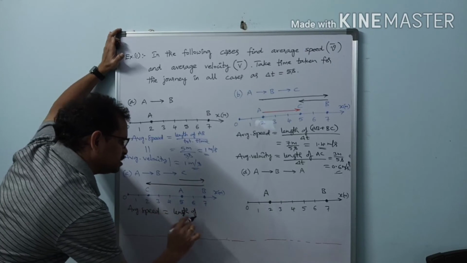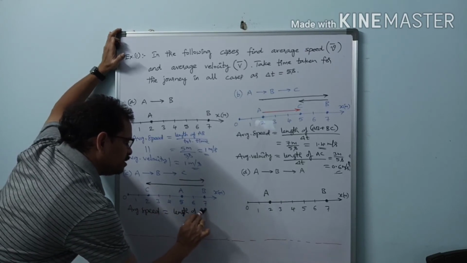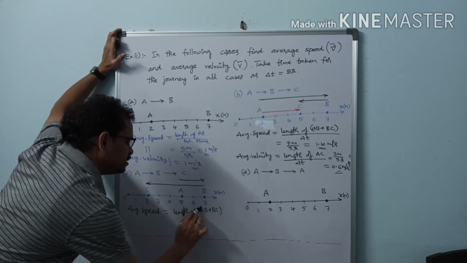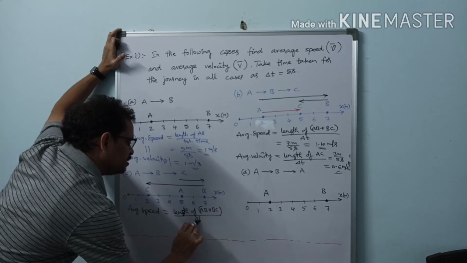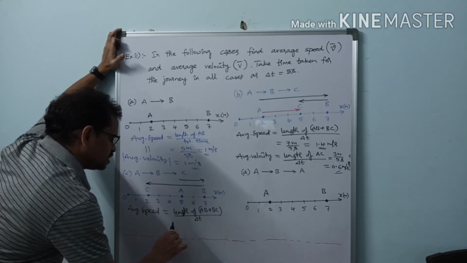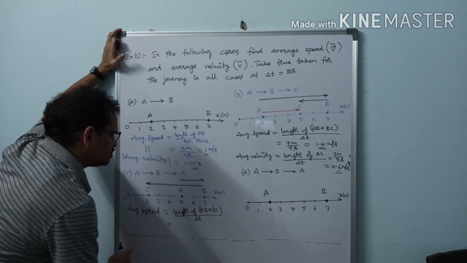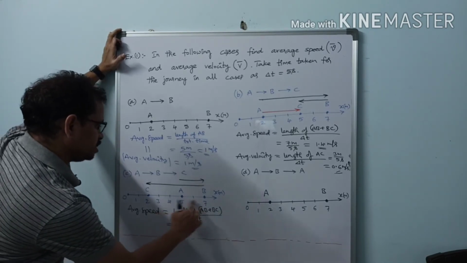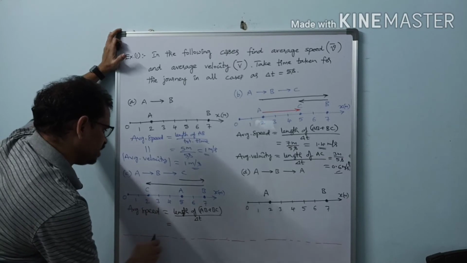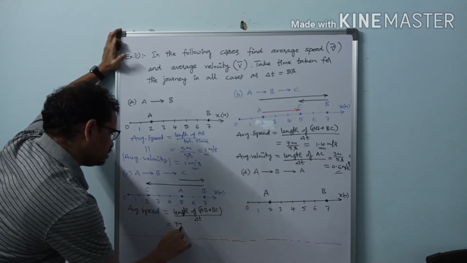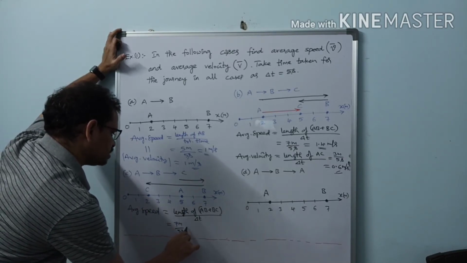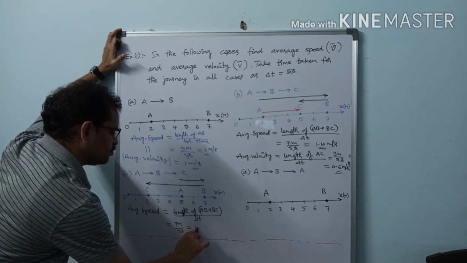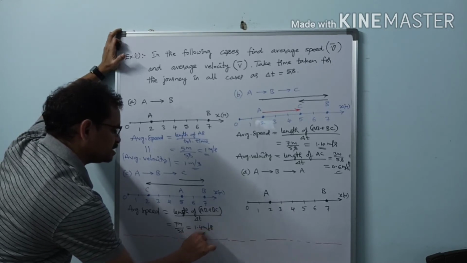Length of these two lines, that is AB plus BC by delta T. So this is equal to how much? Length of AB plus BC. So AB is 2 and BC is 5. So total 7 meters by 5 seconds. So this is equal to 1.4 meters per second.